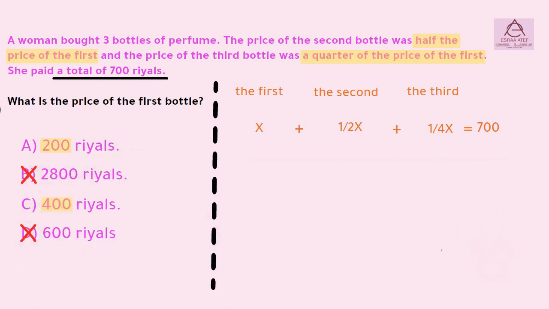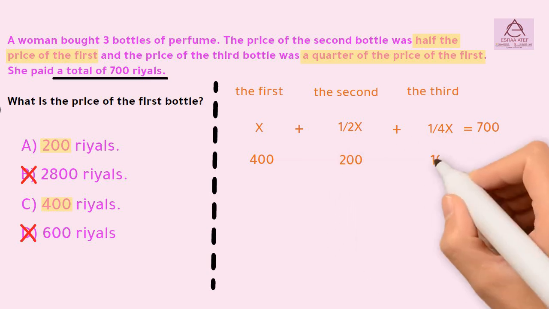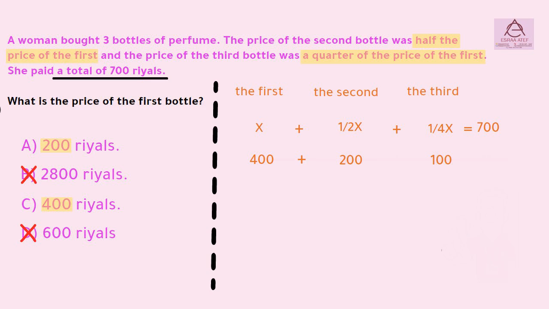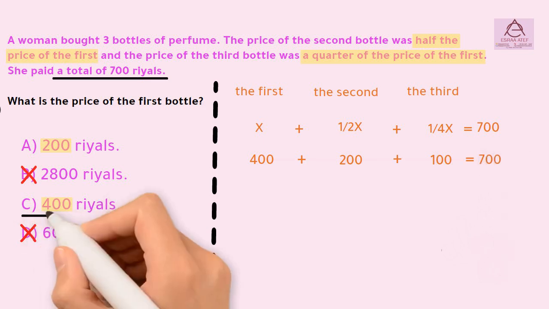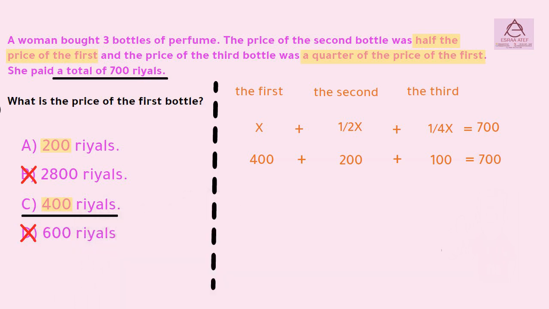The only 2 are 200 and 400. So let's try 400. The first one will be 400. The second one, half of it, is 200. And the third one, a fourth of 400, is 100. And here exactly 400 plus 200 plus 100 is 700. So it is the correct answer.